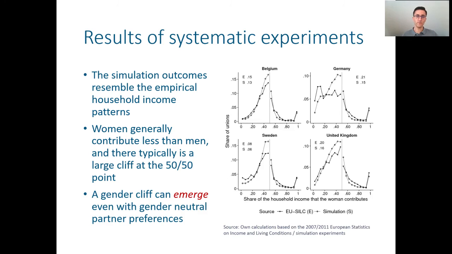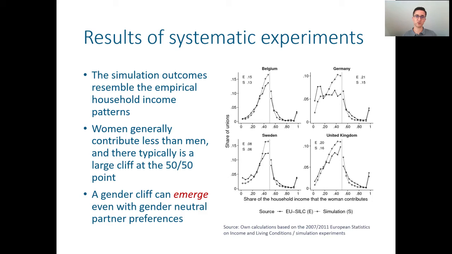As I said before, we have applied this model to 27 different countries, and you see here the average outcomes for the same 4 countries that I have shown before, comparing the simulation outcomes with the empirical data. As you can see here, the results that the simulation model generates are remarkably similar to the empirical patterns, even though the model is very simple.